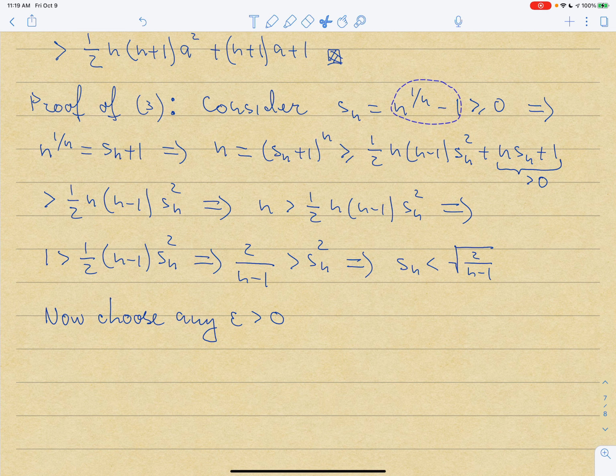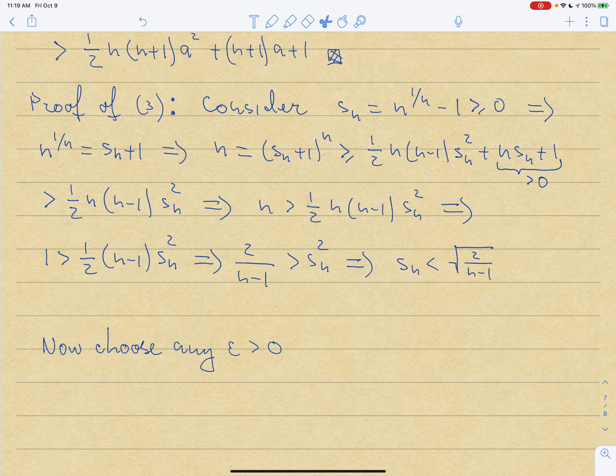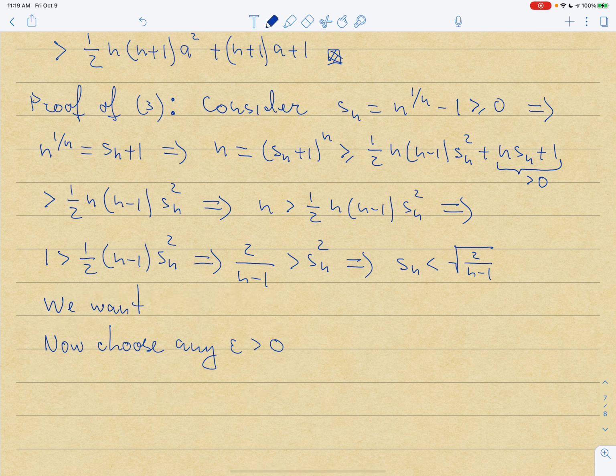Again, I'm trying to establish that the limit of n to the power 1 over n is equal to 1. So if I look at n to the 1 over n minus 1, I expect that this quantity would go to 0. So we want to show that the limit as n goes to infinity of Sn is going to be equal to 0.